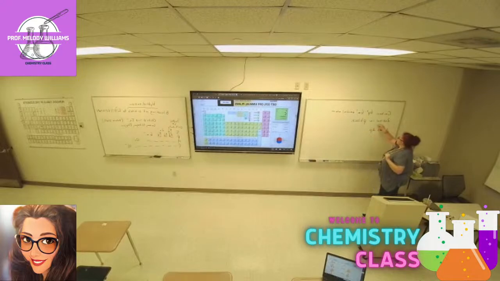So it's in the second row in the p block. That's what this is here, 2p. So I'm using the periodic table to sort out where these electrons are going to be.